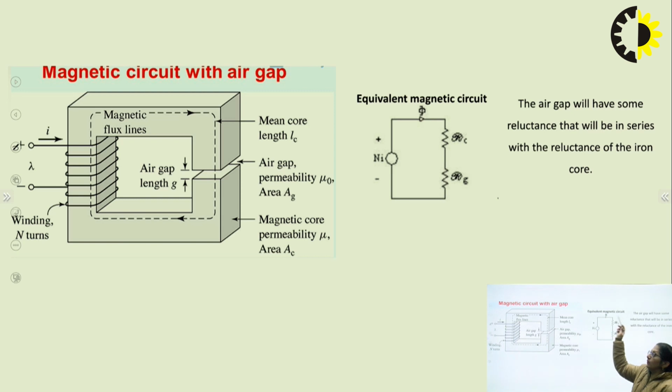This is the magnetic circuit, and the electrical equivalent circuit can be drawn. This is N into I, the magnetomotive force being produced, a single magnetomotive force having a common flux. But how many reluctances? One is the reluctance offered by the magnetic path, and one is the reluctance offered by the air gap.